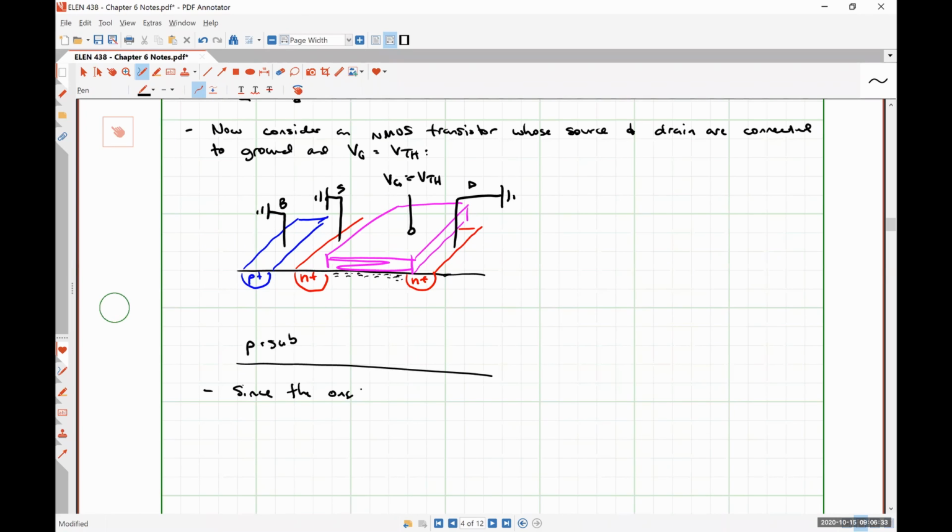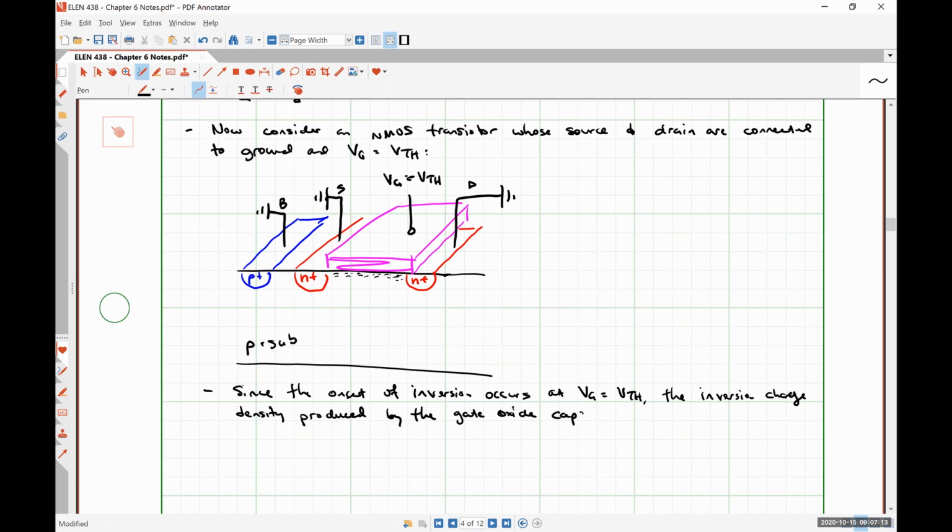So since the onset of inversion occurs at VG equal to VTH, the inversion charge density produced by the gate oxide capacitance must be proportional to the quantity VGS minus VTH.